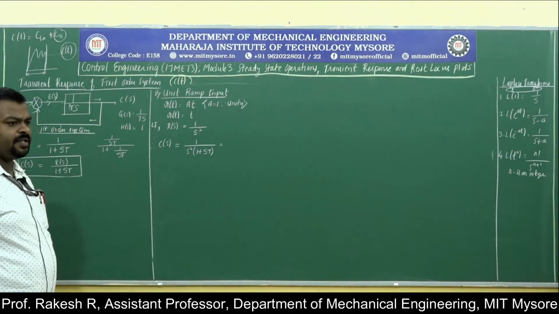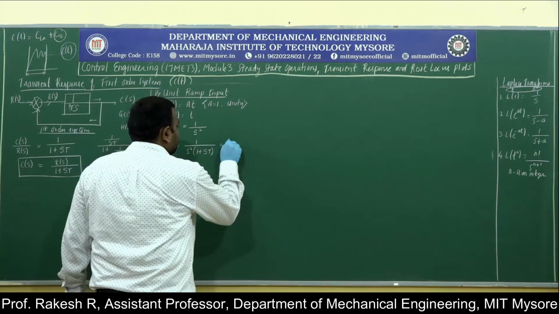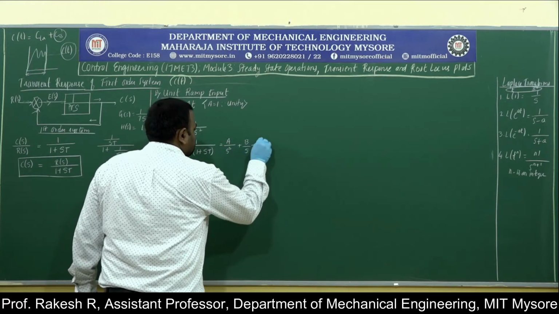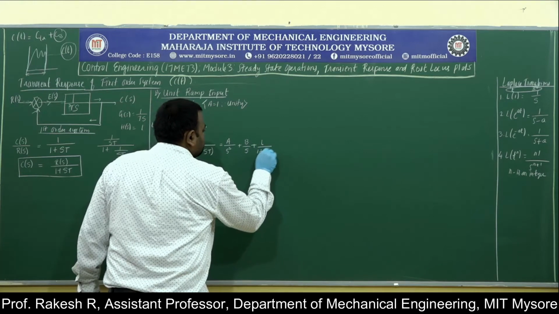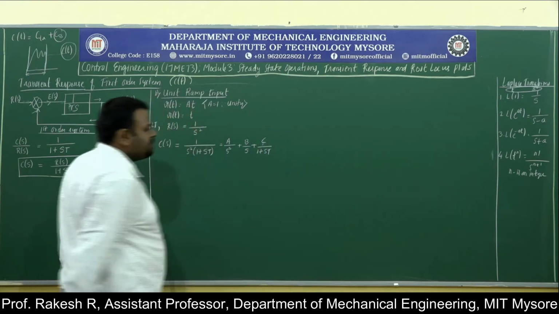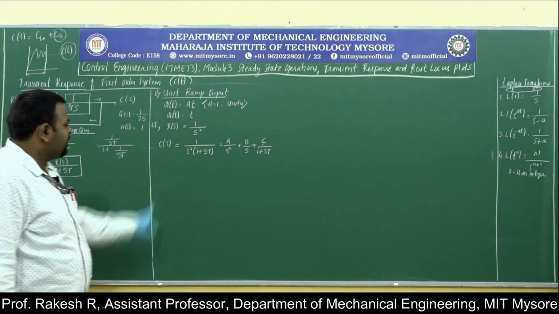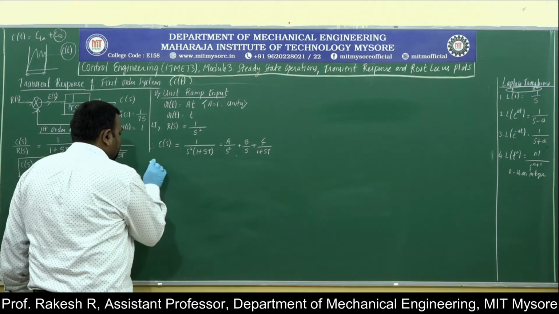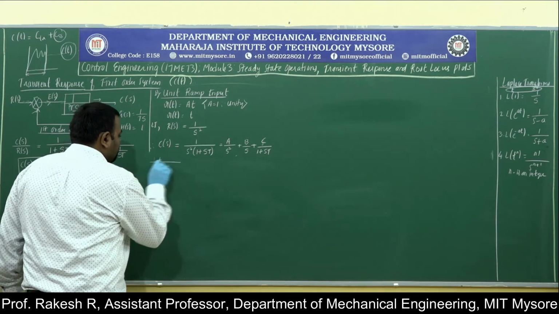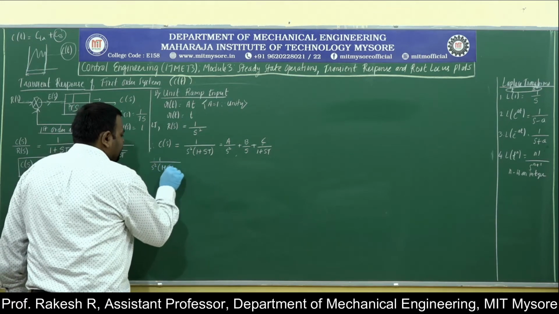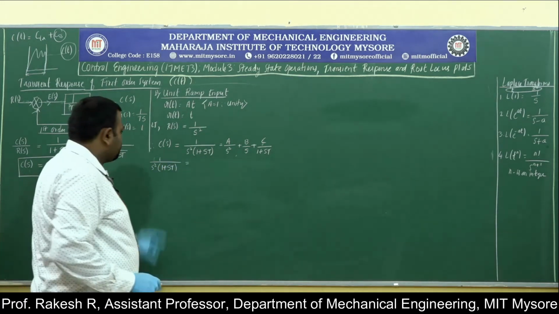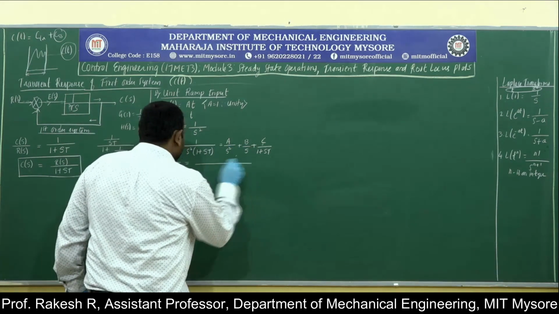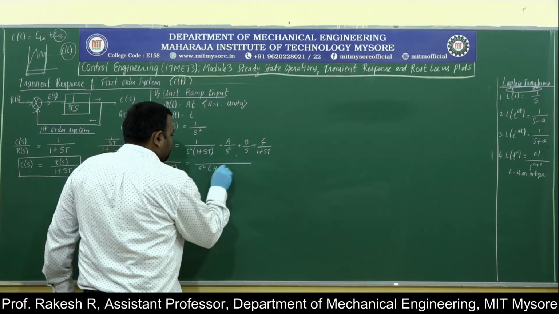Directly I will write the method of partial fraction here. It will be a divided by s square plus b by s plus c divided by 1 plus st. So three terms will be there in this equation. If I simplify this, what happens? Take the LCM. The LCM is the common denominator term, s square into 1 plus st, multiplied on both sides.